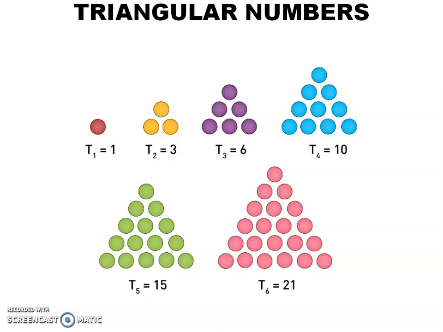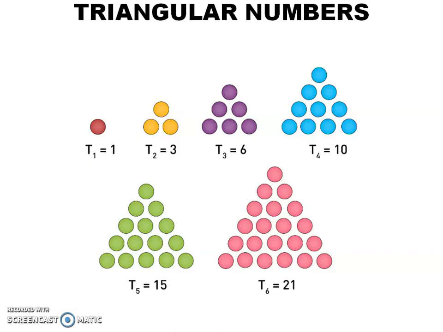So, to make an equilateral triangle, you need 6 balls. I am talking about an equilateral triangle. All the 3 sides are equal. Here you can see, here you have 3 balls, here you have 3 balls, and the base also has 3 balls. So, to make a triangle, you need 6 balls.